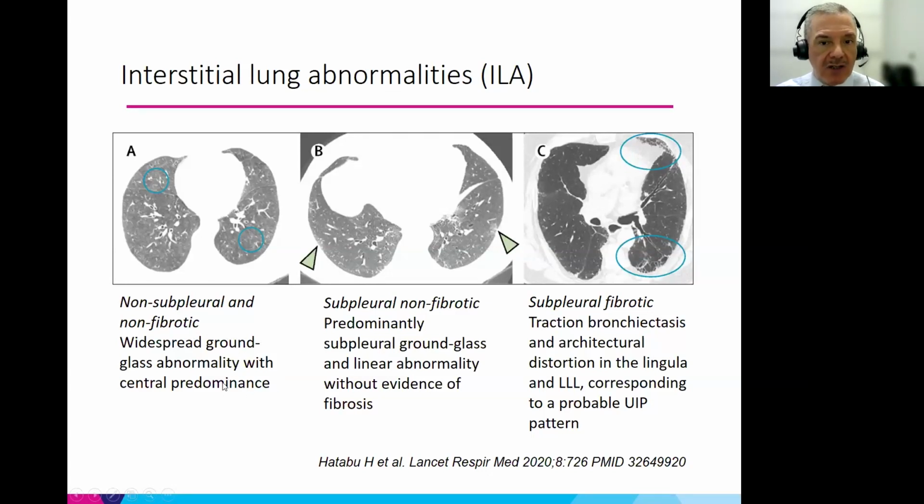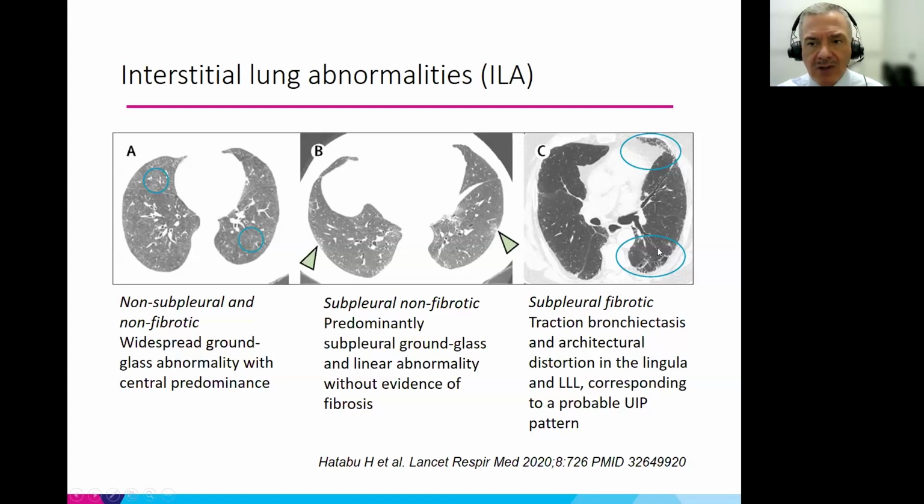Here we have some examples of those interstitial lung abnormalities that are occasionally identified, and they may sometimes alarm patients and sometimes their clinicians. They are these small areas of ground glass abnormality. This is a little bit of a subpleural area of ground glass with reticular abnormalities.